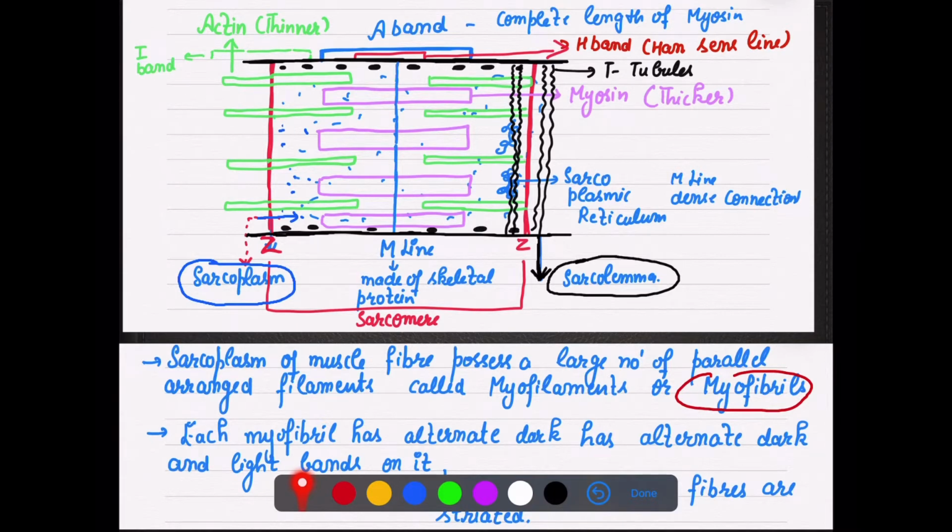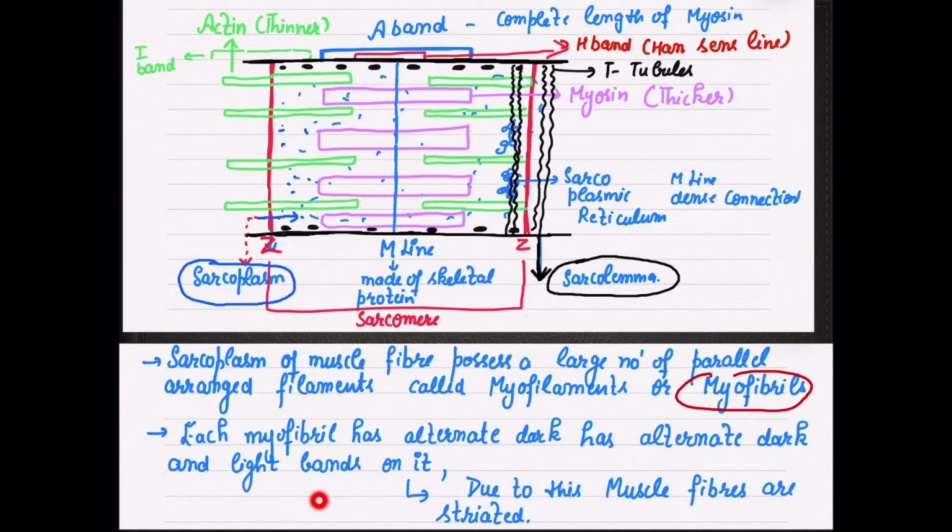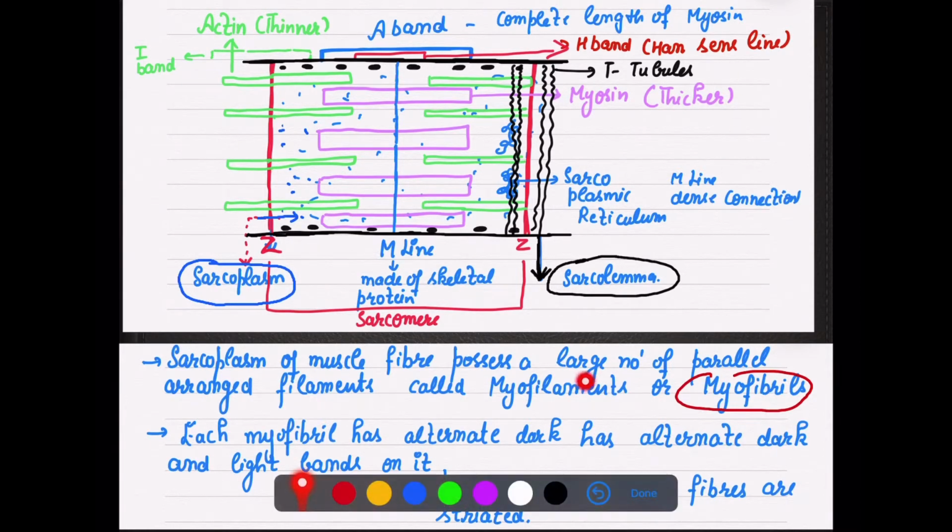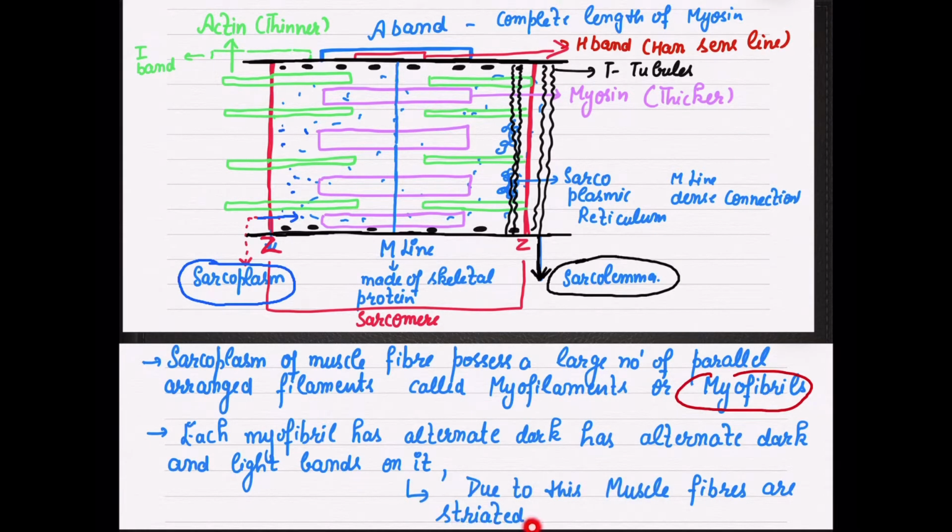Now these myofibrils have alternate dark and light portions, or you can say dark and light bands. Due to these dark and light bands, we call this whole structure striated.